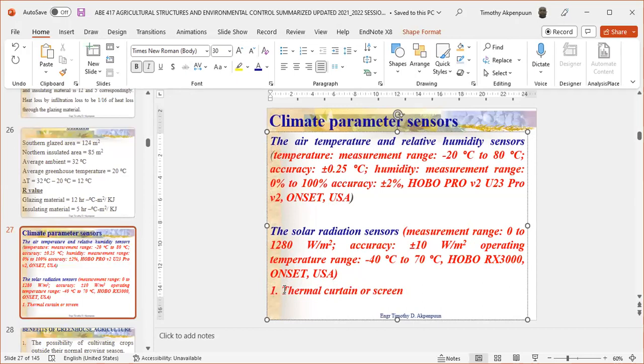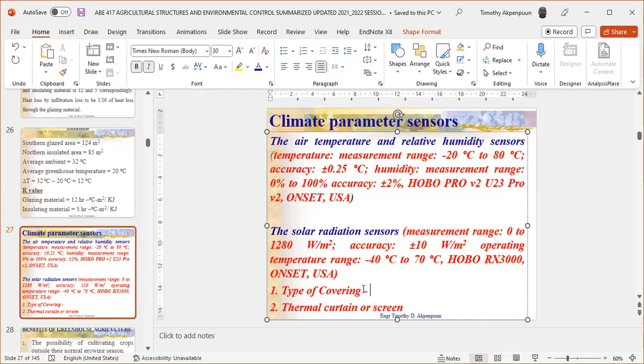The first one is, you control this by the covering material, the type of covering material, because every greenhouse covering material has a specific amount of solar radiation that it can allow to pass through it.